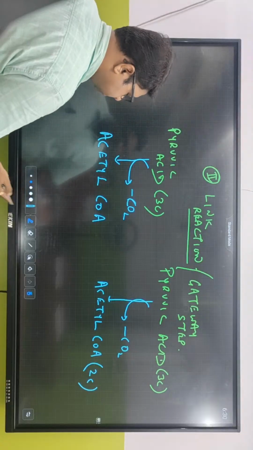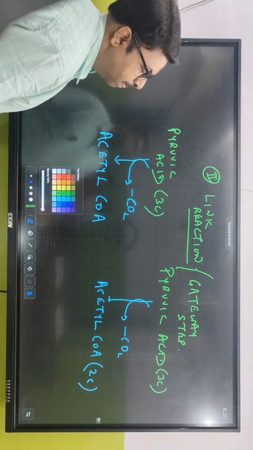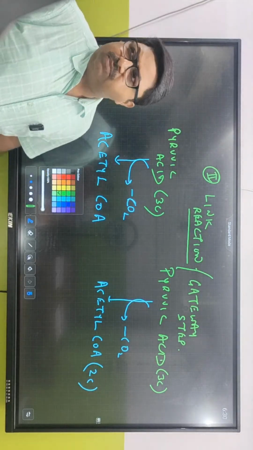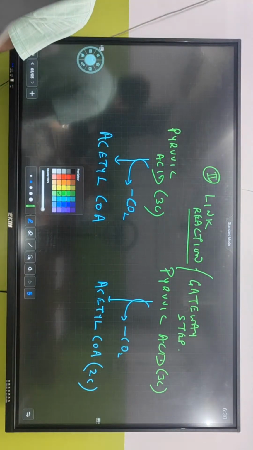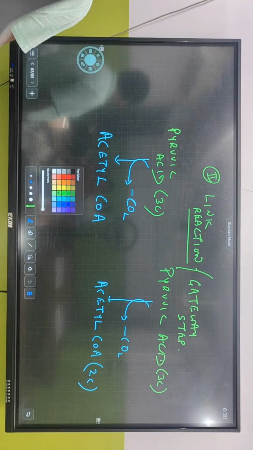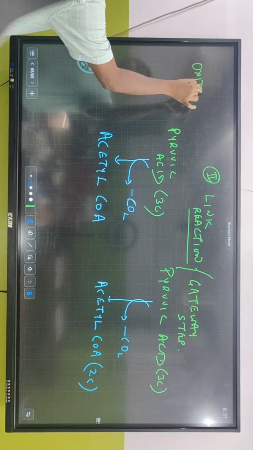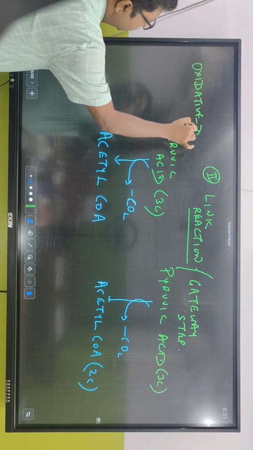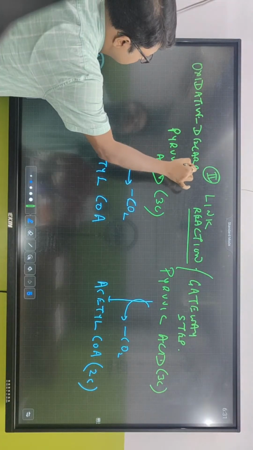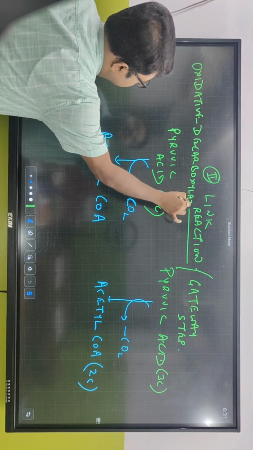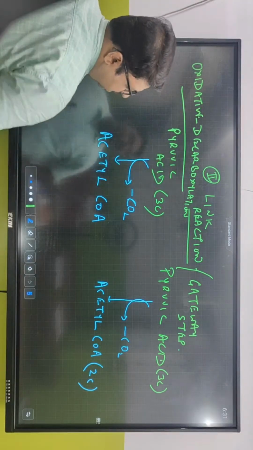But mind you, during this process, what is this called? This is called oxidative decarboxylation. This term is also called as oxidative decarboxylation.